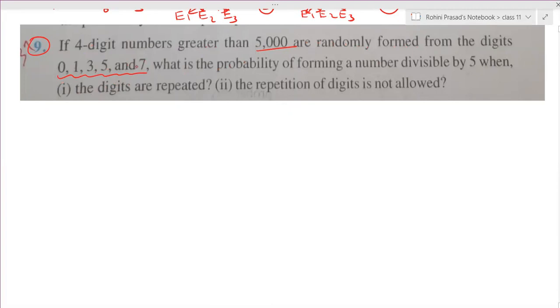So it should be greater than 5,000. A 4-digit number should be formed. Because it should be greater than 5,000, the first place should be filled with 5 or 7. 2 ways you can do that.